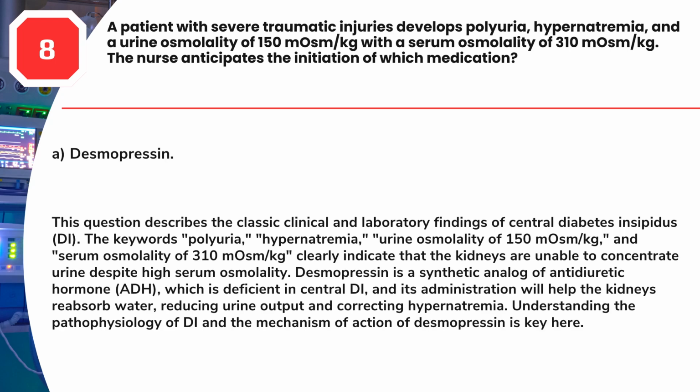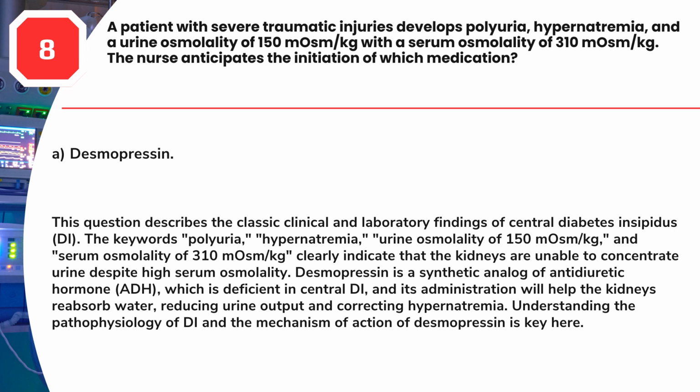Answer, A. Desmopressin. This question describes the classic clinical and laboratory findings of central diabetes insipidus, DI. The keywords polyuria, hypernatremia, urine osmolality of 150 mOsm/kg, and serum osmolality of 310 mOsm/kg clearly indicate that the kidneys are unable to concentrate urine despite high serum osmolality.